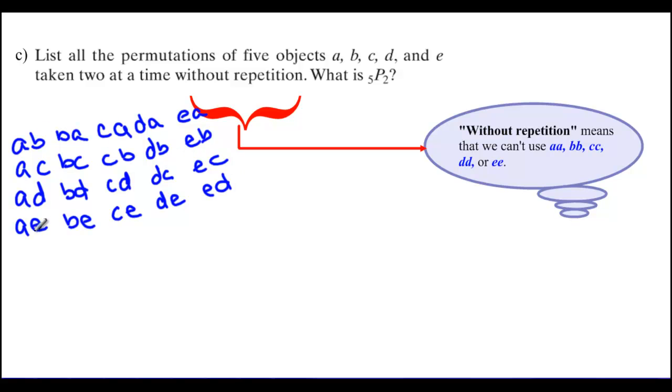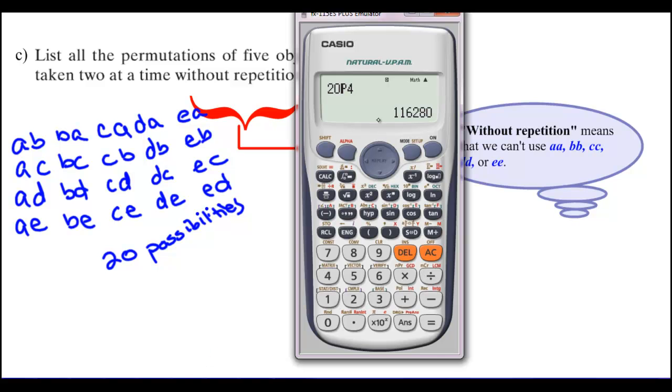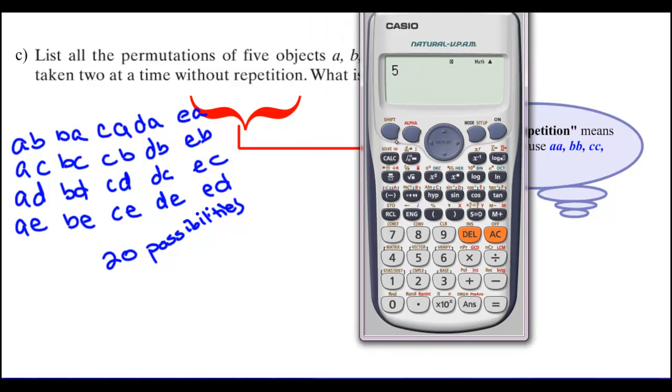So if we go through, we've ended up with 20 possibilities. And we do the 5 pick 2. So 5 and then shift multiply 2, we're going to get 20 also.